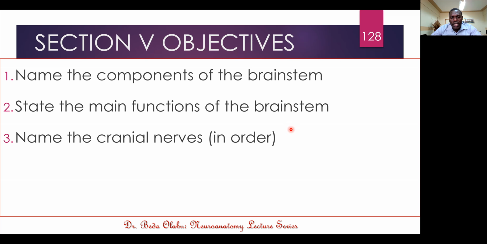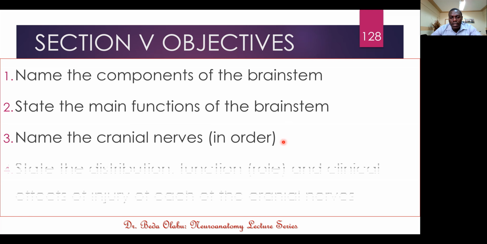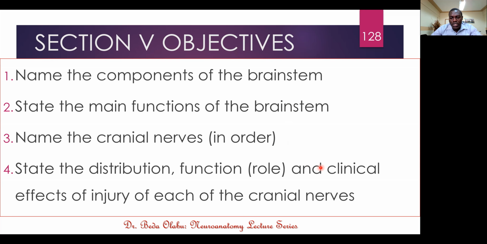We will then name the cranial nerves in order. I'm not so sure whether we've done this, but I will do it. And importantly, we are going to state the distribution, the functions, and clinical effects of injury of each of the cranial nerves.